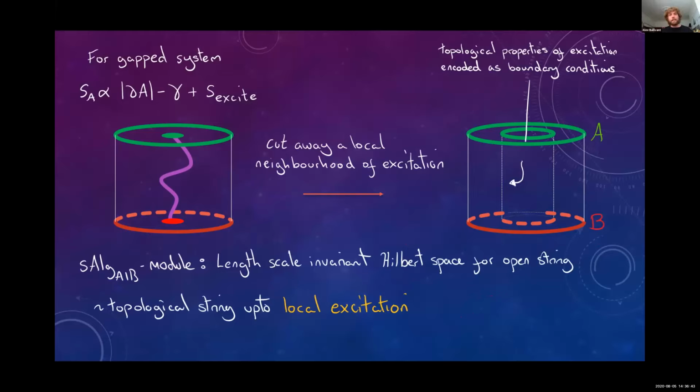Now, using this idea, we can associate a module for this algebra, and we can think about this as defining a length scale invariant Hilbert space for a string excitation. And what we're really doing here is classifying topological strings, but because we're removing, in essence, all of the local data with this renormalization process, it's really an equivalence class of topological strings up to the introduction of a local excitation.